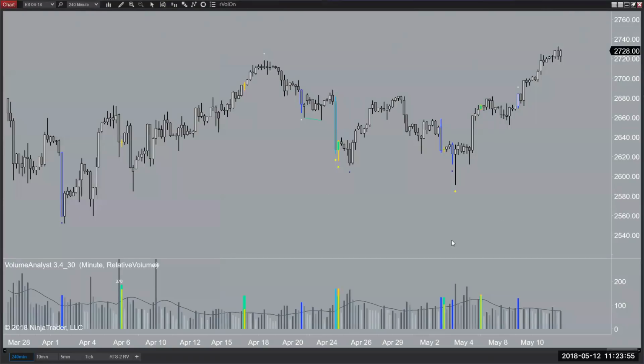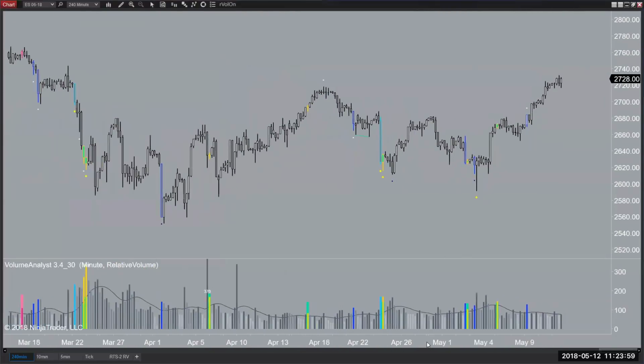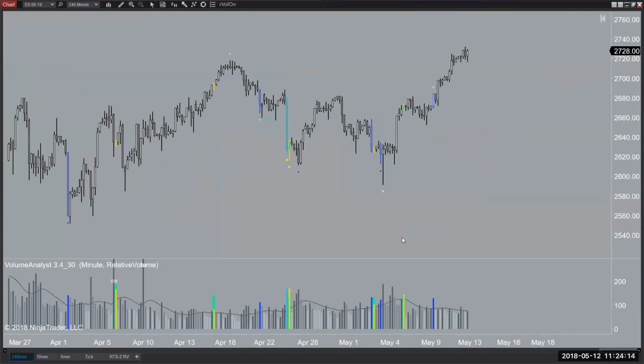Yeah, I know everybody does like those and use those. I'm just thinking that once I get this thing nailed down, all of the signals that we have for all the different spikes would be taken care of with all the other signals that we have, climax and the churn.